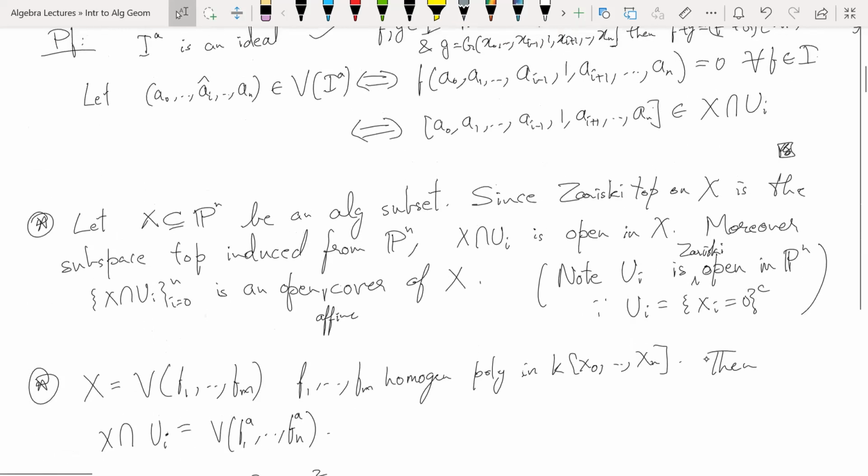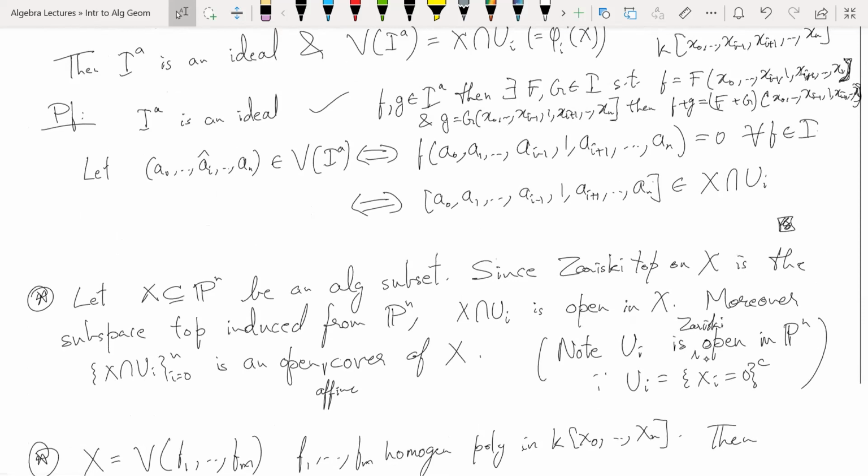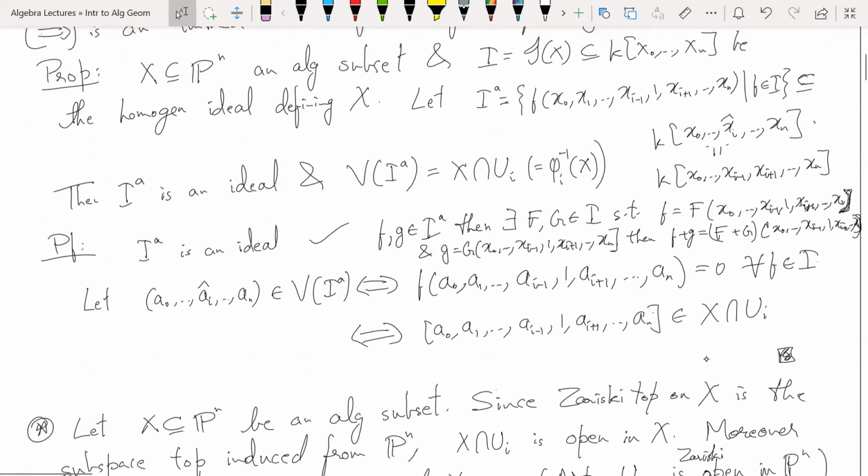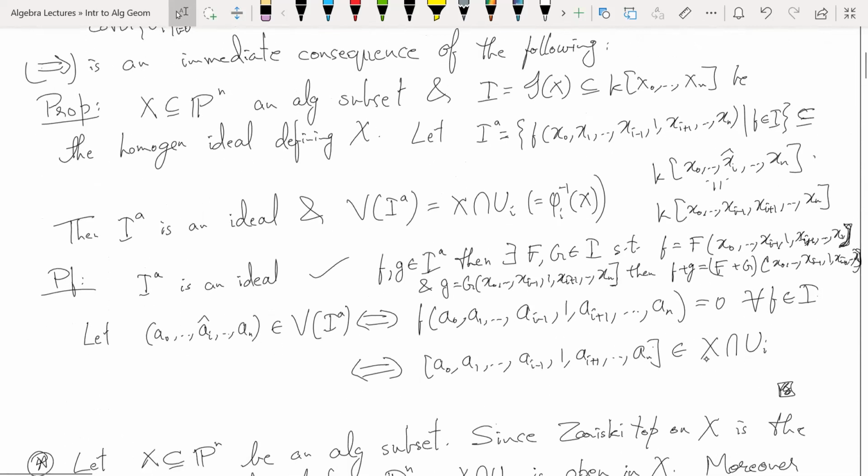This Ia is called the dehomogenization, where A is for affine. It depends upon which way you want to dehomogenize. You can set Xi to be 1, or you could have set X0 to be 1, and so on. In fact, there are n plus 1 ways precisely, depending upon which Ui you want to look at.